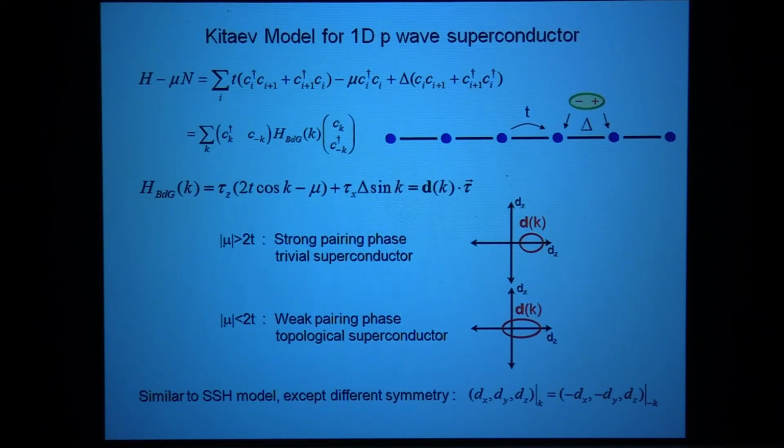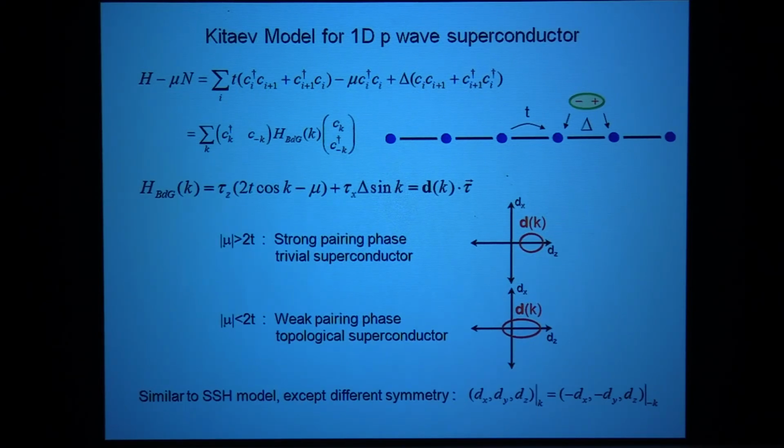Okay, and so it looks kind of like what we had before in the Schrieffer-Heeger model. So there are two phases. If mu is very large, then dz never gets to zero, and so it's a trivial phase, if you will.